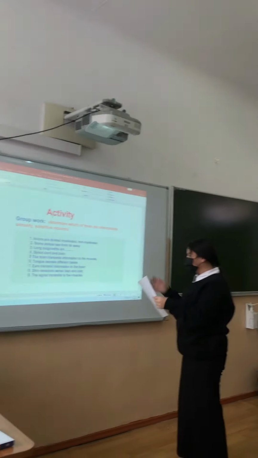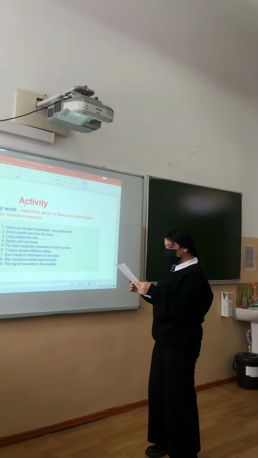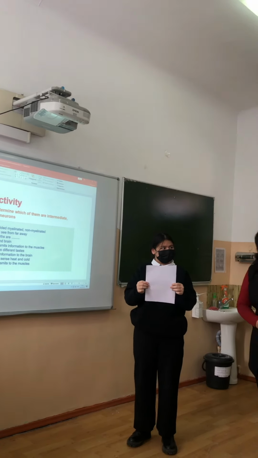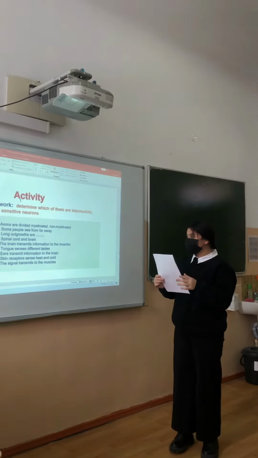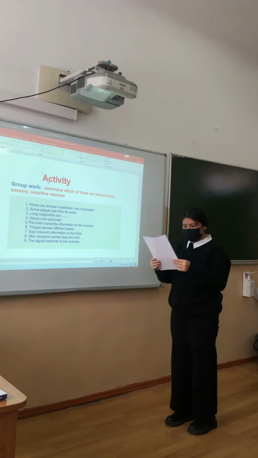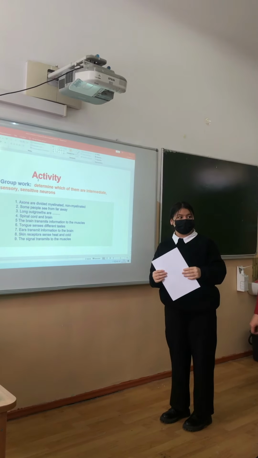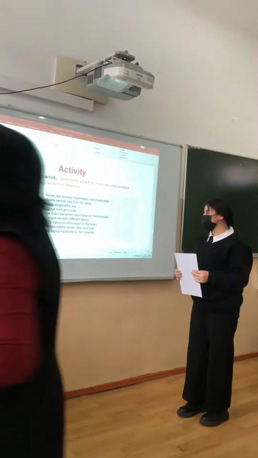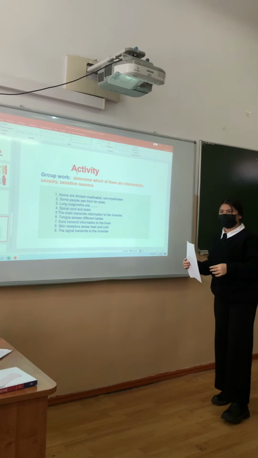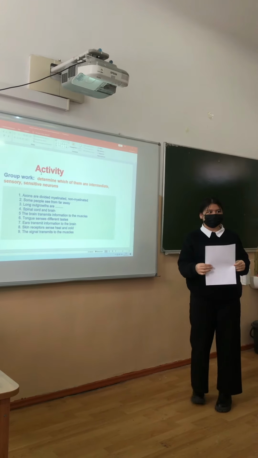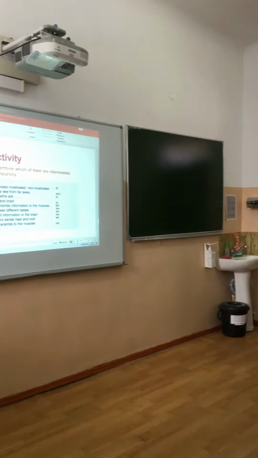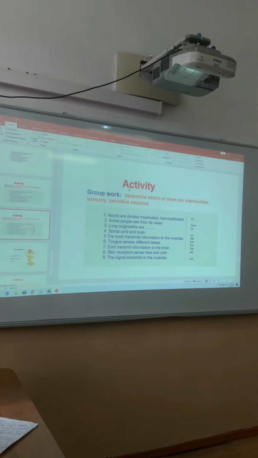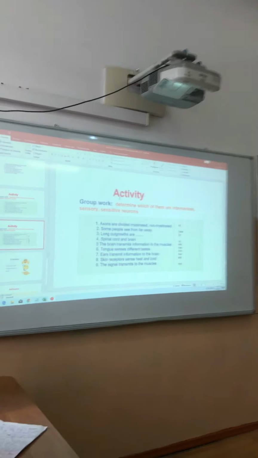Long outgrowths are sensory neurons. True? Yes. Next. Sensing heat and cold, sensitive neuron. True? Yes. Next. The signal transmits with the motor waves. True? Yes. Check answers. Everyone is correct? Yes, everything is correct. Brilliant. Good job.